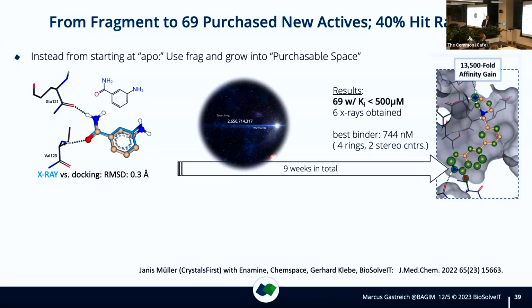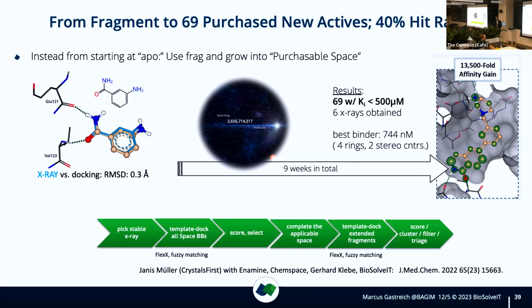And we came out with 60 compounds that had a Ki better than 500 micromolar. Of those, very quickly, 6 X-rays could be obtained. The best binder was then high nanomolar, 744 nanomolar. But it did already have 2 stereocenters, so it was not something super easy, but something where the chemist said, okay, let's do this. And this went along this pipeline that I just explained.